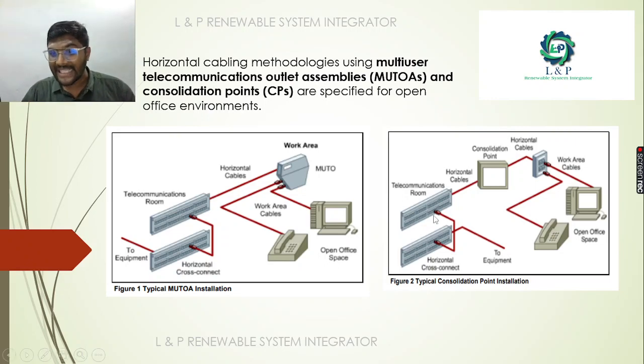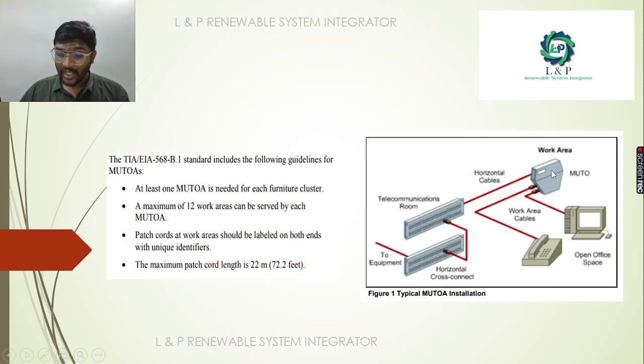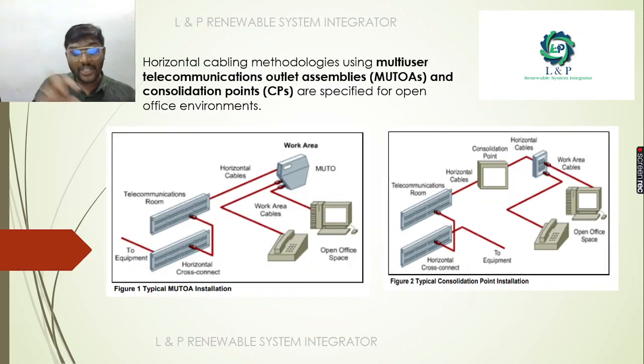consolidation points. Okay, so this is how the consolidation point looks. As you can see here, when you watch out for the major difference, this is the work area. Between the work area and the telecommunication room you are running the horizontal cables, but you have a most important point called the consolidation point.